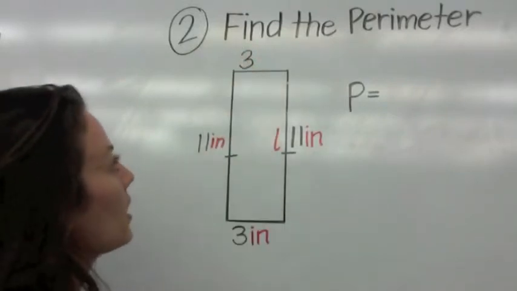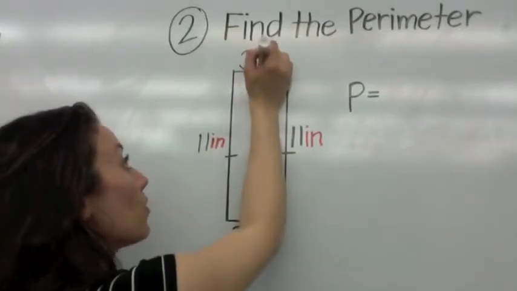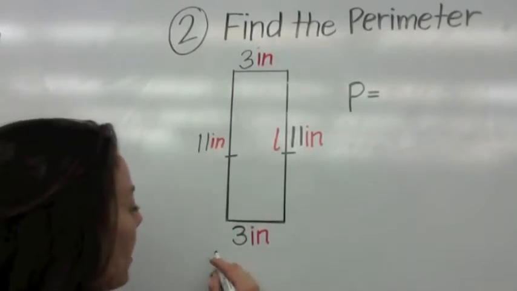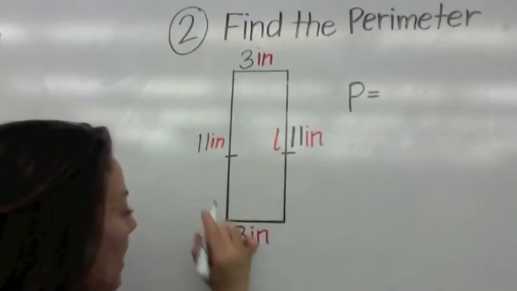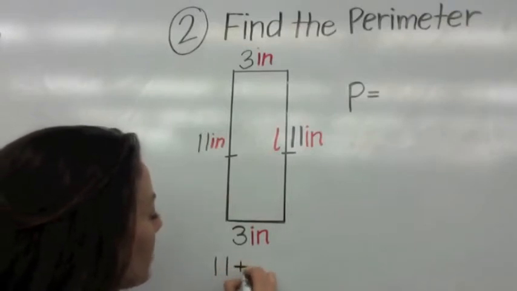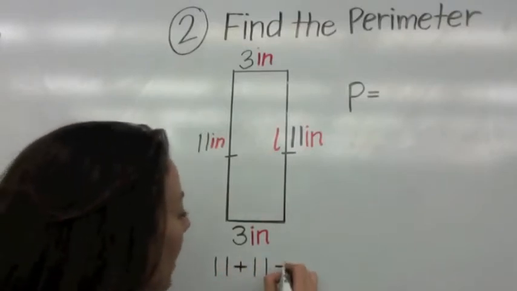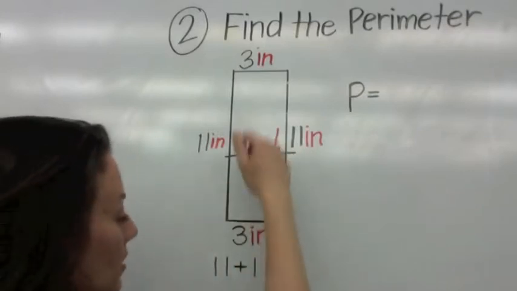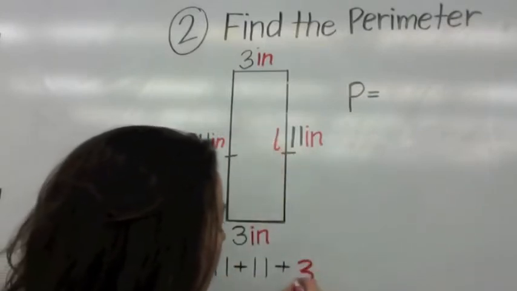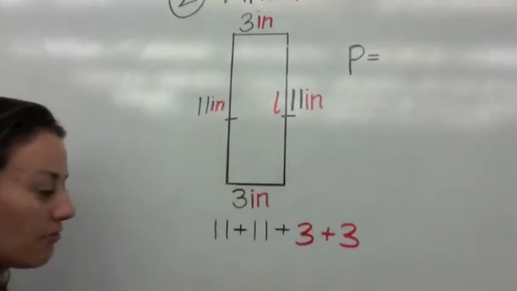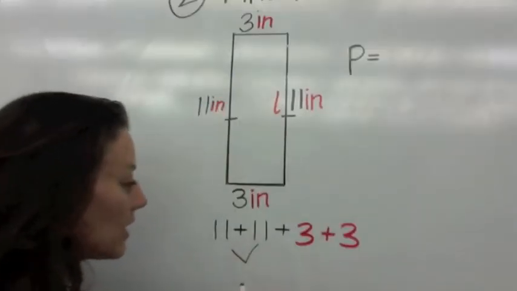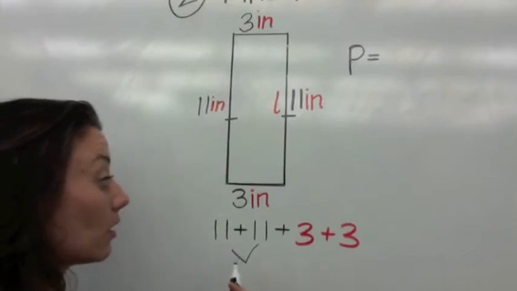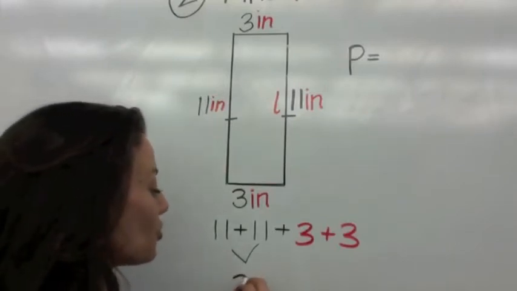All right, great. Now, the way that we were learning how to do this is we just added up all the sides, right? We're going to add up the lengths, 11 plus 11, and the widths, 3 plus 3. 11 plus 11 is 22.